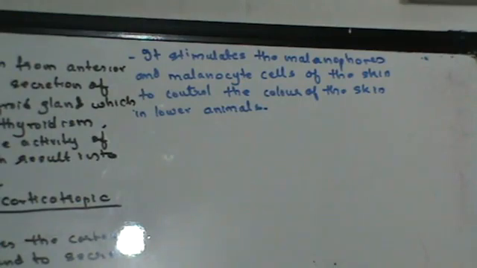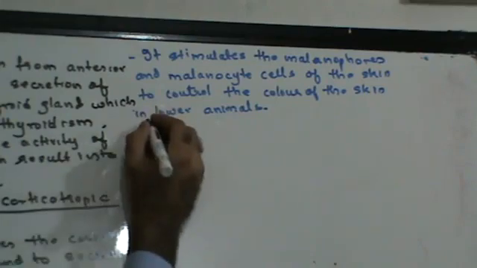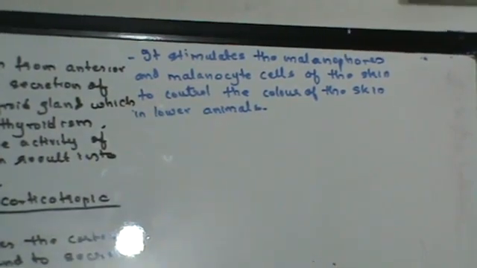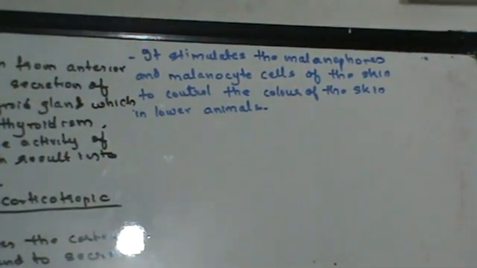Right? Okay. So those were the 7 hormones that are produced by anterior pituitary. Let's just revise what would happen if you have deficiency of these hormones.